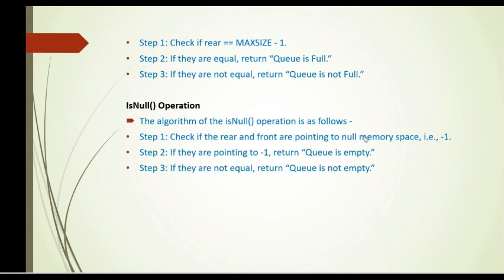If both are equal to minus 1, the queue is empty. And if they are not, you would return the queue is not empty. It is Q rear equal to Q front equal to minus 1. When this condition is satisfied, we say the queue is empty, else the queue is not empty.